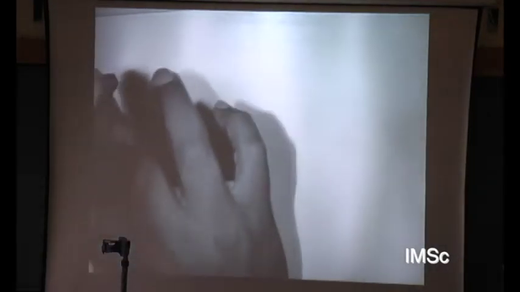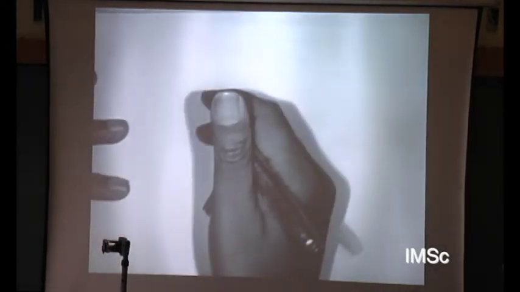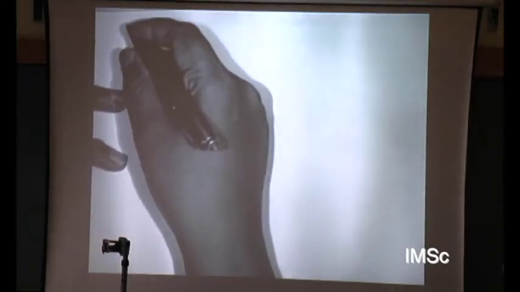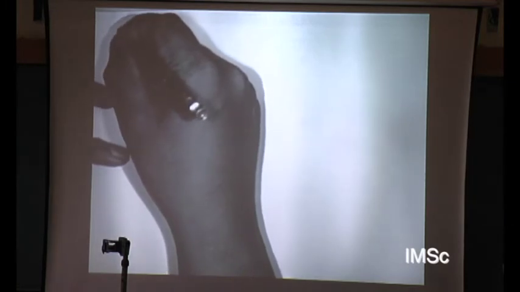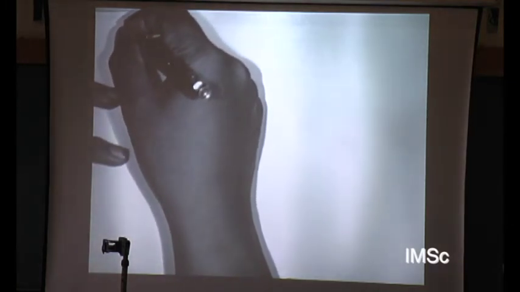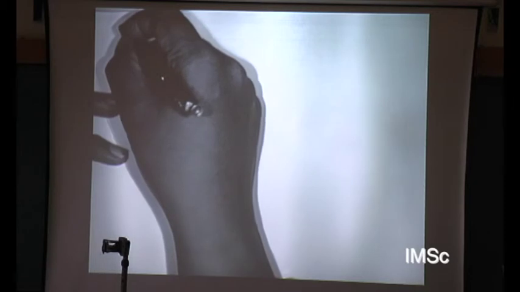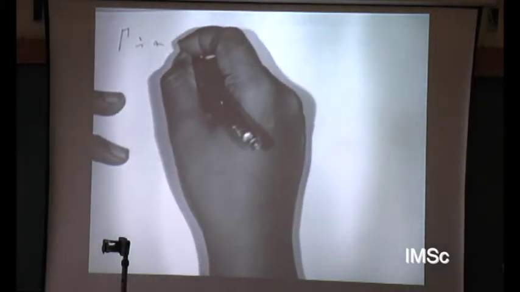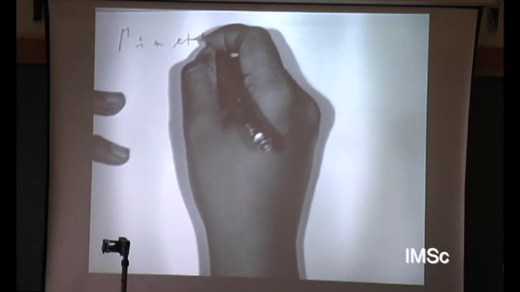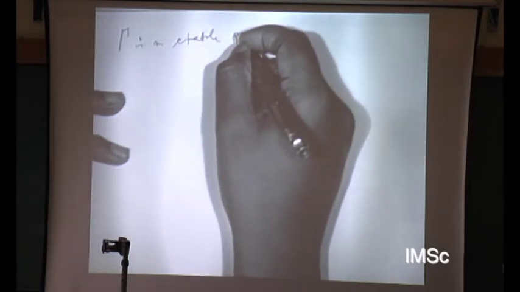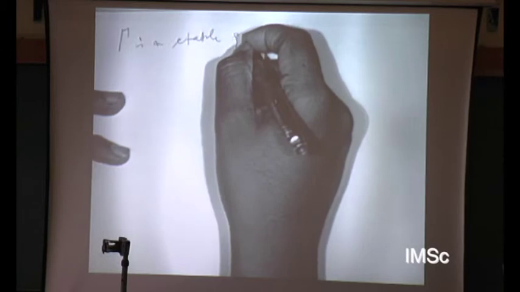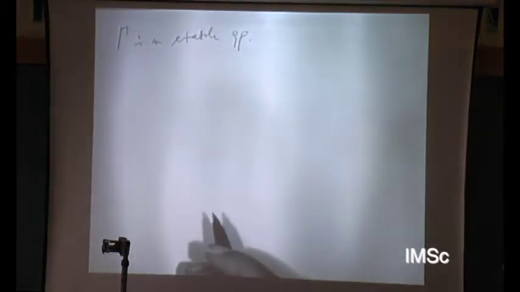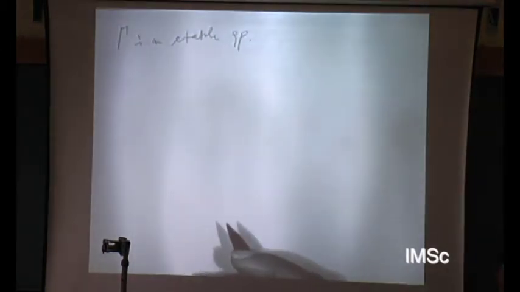Now let me get to my important example. Suppose gamma is a countable group. It need not be everything, it can be anything.